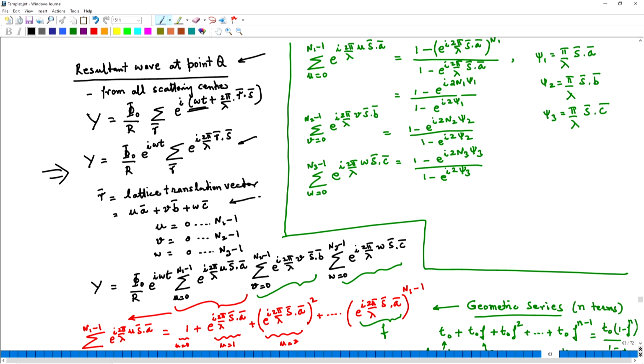And then further expanding, one got the resultant wave at point Q written in the form of 3 summations.